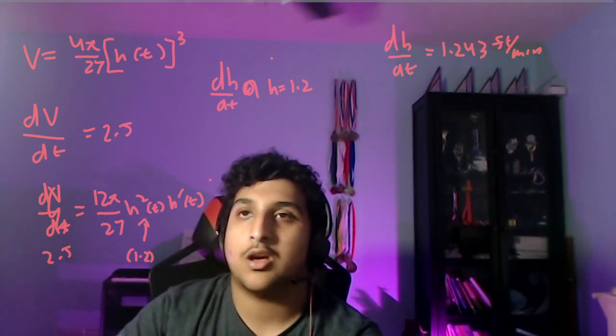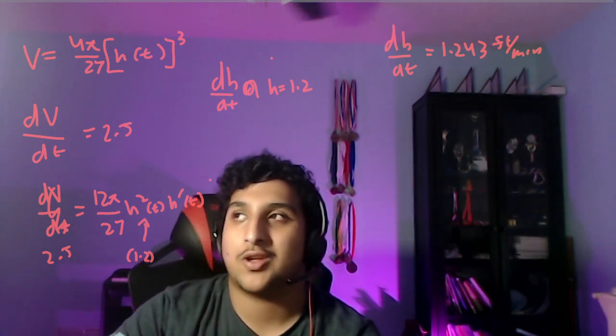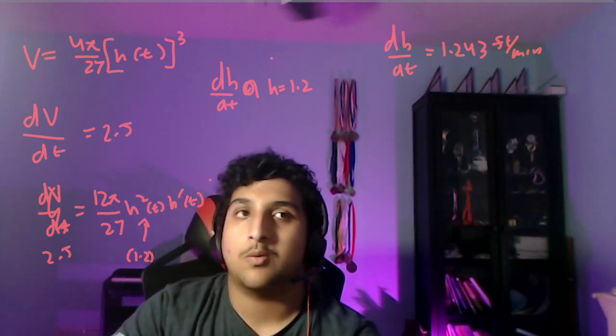All right. So now that hopefully you tried this on your own, we can do part B. How fast is the exposed surface of the water in the cone changing at the same moment? So let's take a look at the water here. Let's say it's like a small cone here.